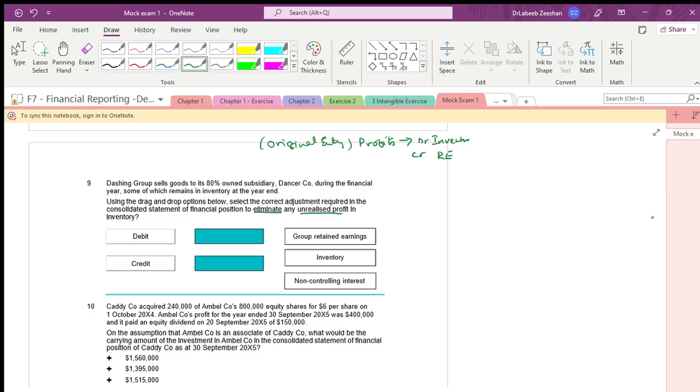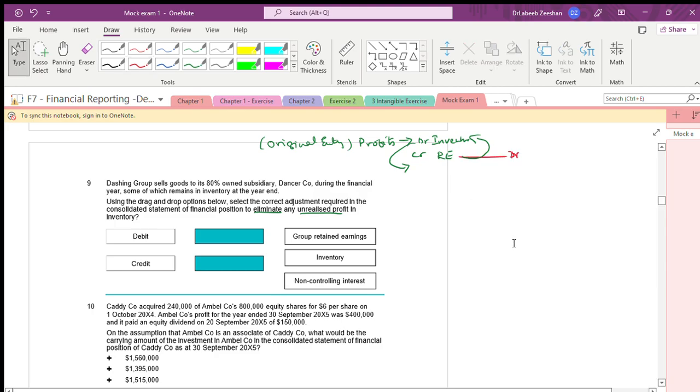Once you are eliminating, this will go up, this will go down. This will become debit and this will become credit. Debit will be group retained earnings. Credit will be inventory.